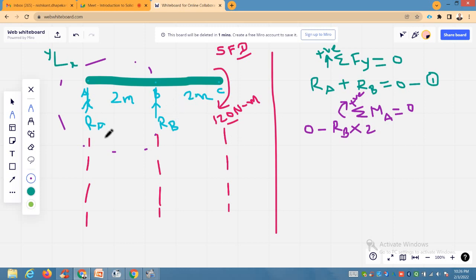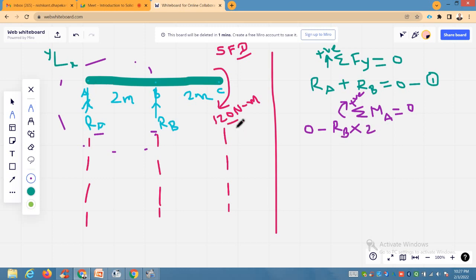Then RA is over, RB is over. This moment is acting at point C, but will it also have an effect on point A? Don't think like that. This moment is acting at C. We are taking moments about point A. Why should we consider this moment? As this moment is acting in clockwise direction at C, it will have an effect on A also.